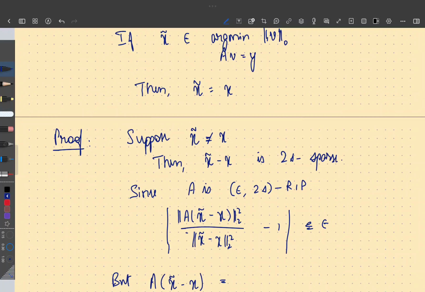What is A times x equal to? y. What is A times x tilde equal to? Also equal to y.